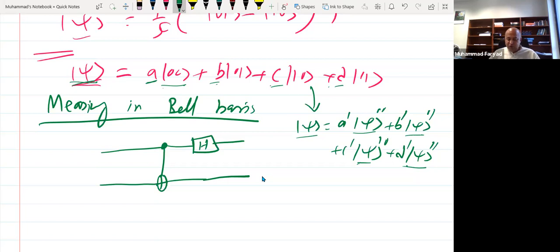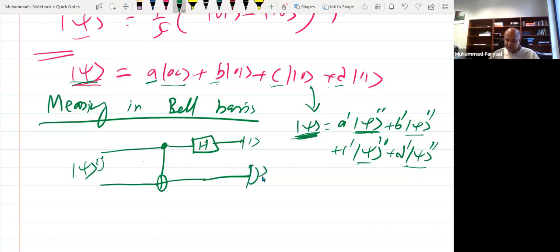So I will have to do something on this state, where this psi 0, 0 is replaced by 0, 0. This circuit can do that, because this is just the inverse of the entangling circuit. So if the input is psi ij, the output would be i here and j here.